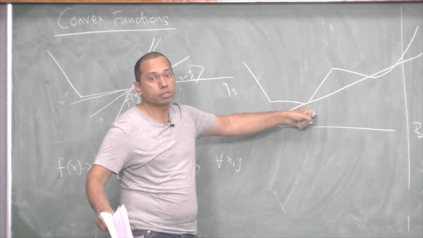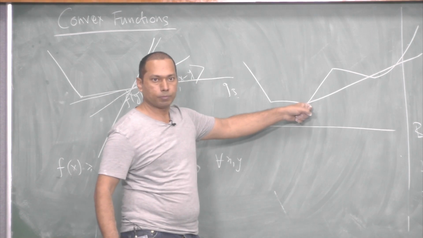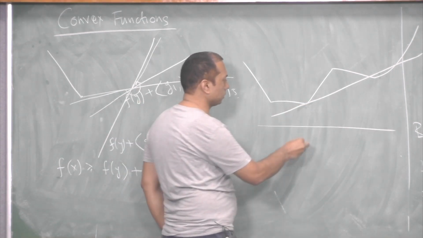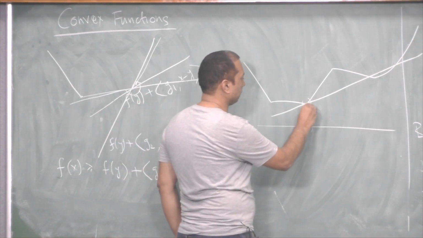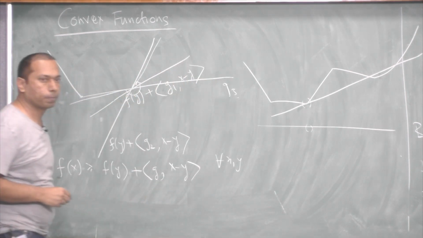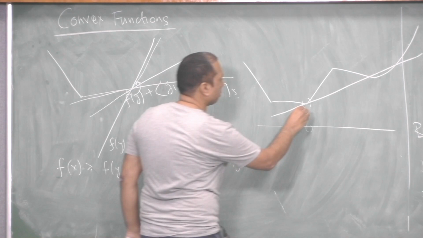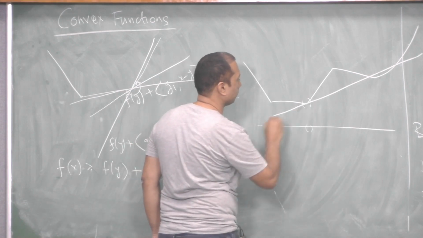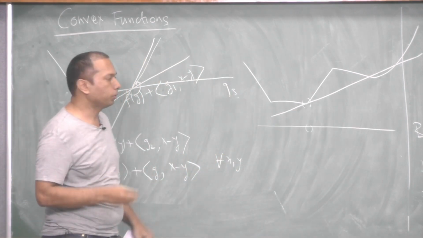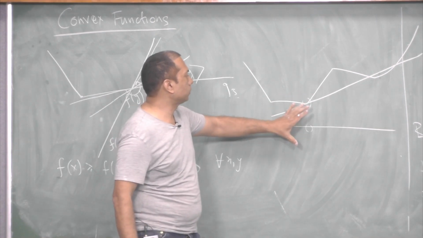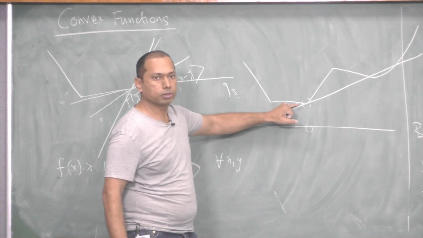There exists a neighborhood where, at least for those values, it will be a lower bound. So we have to be a little careful when we define the subdifferential in general for non-convex functions.